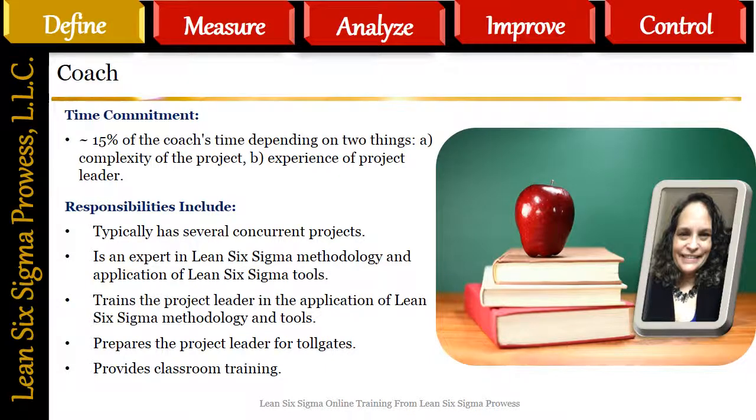Is an expert in Lean Six Sigma methodology and application of Lean Six Sigma tools. Trains the project leader in the application of Lean Six Sigma methodology and tools. Prepares the project leader for tollgates. Provides classroom training. It is the primary responsibility of the coach to adequately prepare the project leader and project team to successfully pass their tollgates.